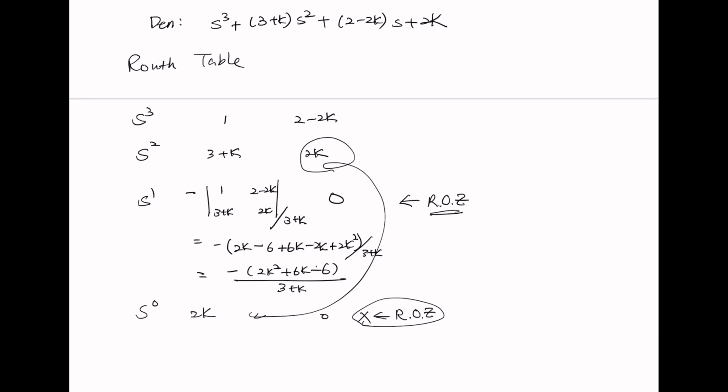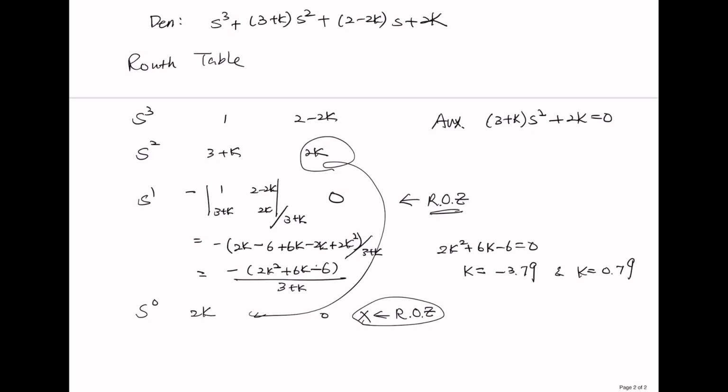Since the s1 row is the row of 0's, the auxiliary equation is (3 plus k) s squared plus 2k equals 0. In order to make this a row of 0's, we set 2k squared plus 6k minus 6 equal to 0. From here, we have k equals -3.79 and k equals 0.79.